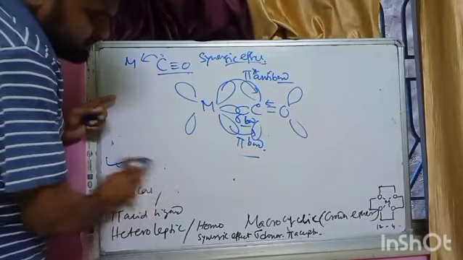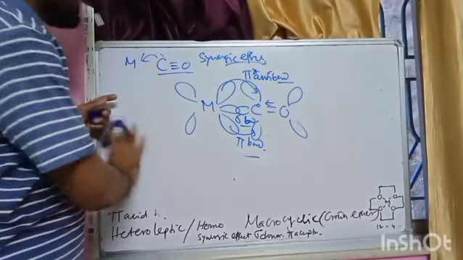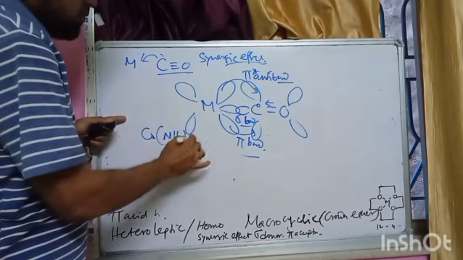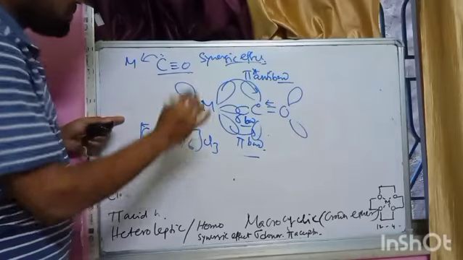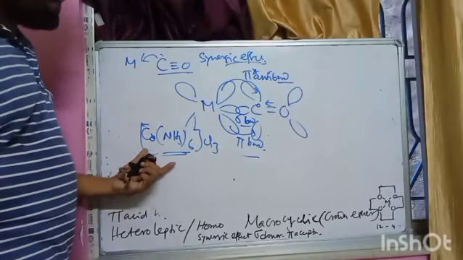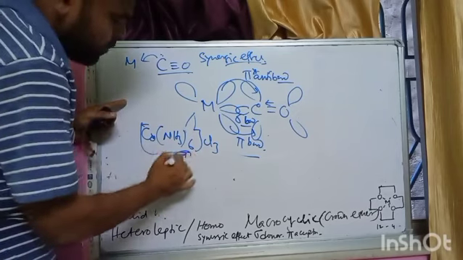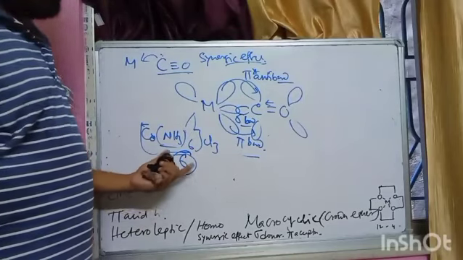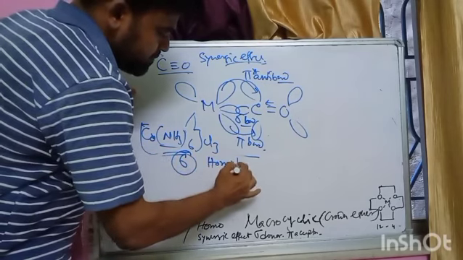There are also homoleptic and heteroleptic ligands. Homoleptic means, for example, Co(NH3)6 Cl3. Here the coordination number, the number of ligands attached to the central metal ion, is 6, and all 6 are ammonia molecules. So when similar types of ligands are used, it is called homoleptic.